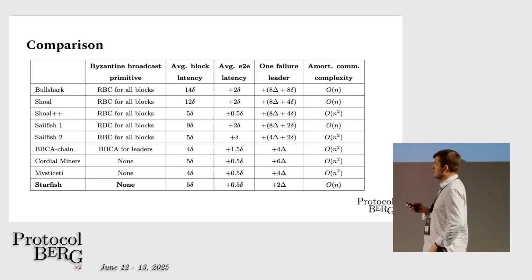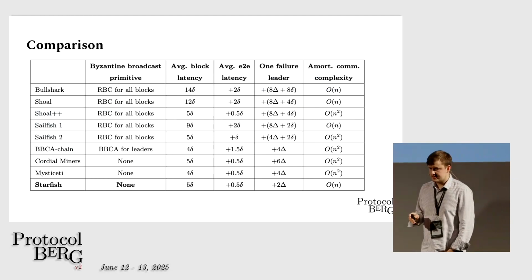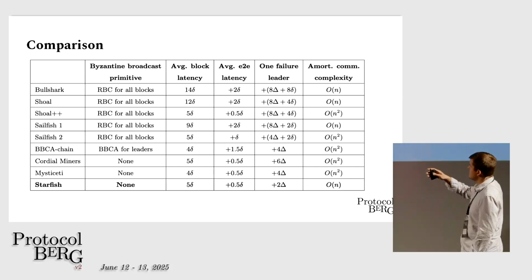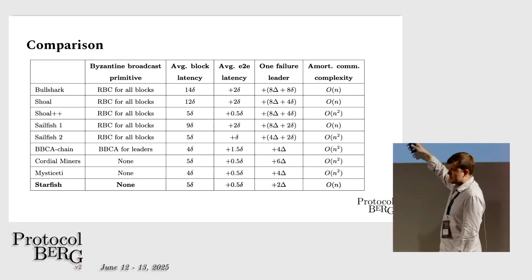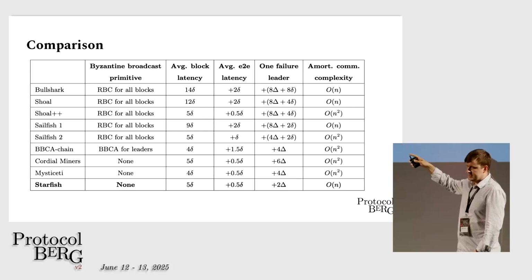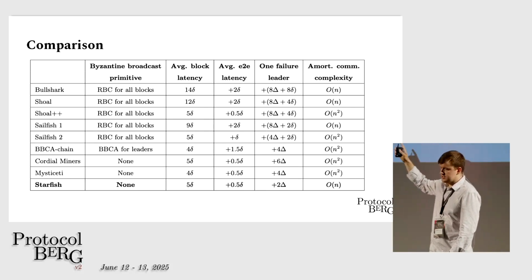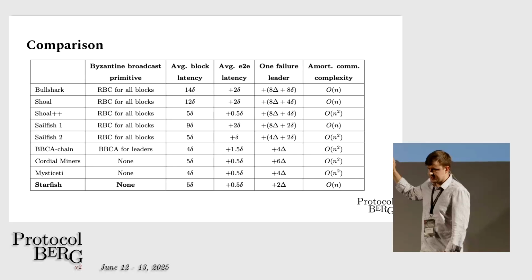Finally, if you look at all the recent protocols proposed in the last, say, 4 years, Starfish achieves linear amortized communication complexity, and its end-to-end latency is significantly lower than all other protocols in this class with linear amortized communication complexity.